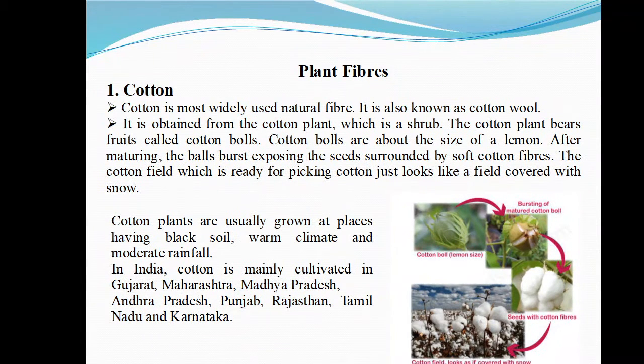In India, cotton is mainly cultivated in areas like Gujarat, Maharashtra, Madhya Pradesh, Andhra Pradesh, Punjab, Rajasthan, Tamil Nadu, and Karnataka. Okay, so let's move to the next topic.